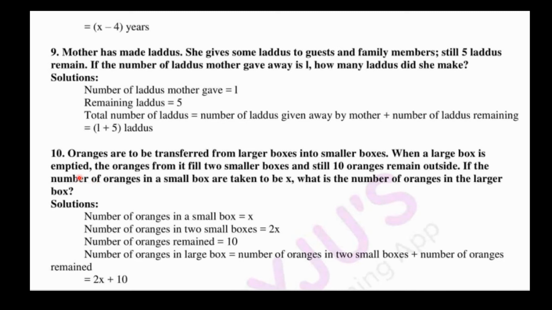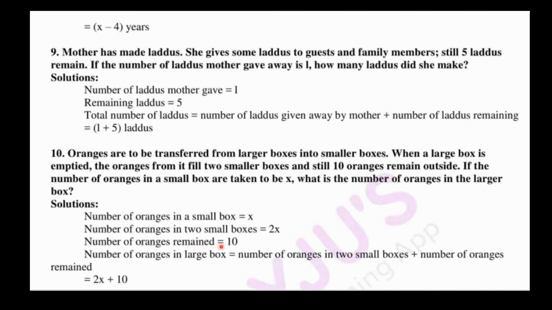Oranges are to be transferred from larger boxes into smaller boxes. When a large box is emptied, it means we are putting all the oranges from the large box into smaller boxes. What they are telling us is that the oranges filled 2 smaller boxes and still 10 oranges remain outside. If the number of oranges in a small box is taken to be x, you have to write the same step: the number of oranges in a small box is x.